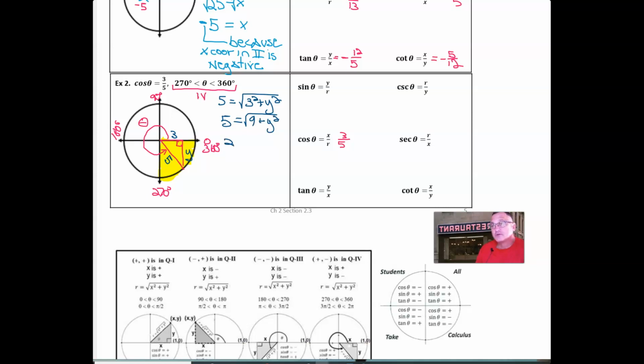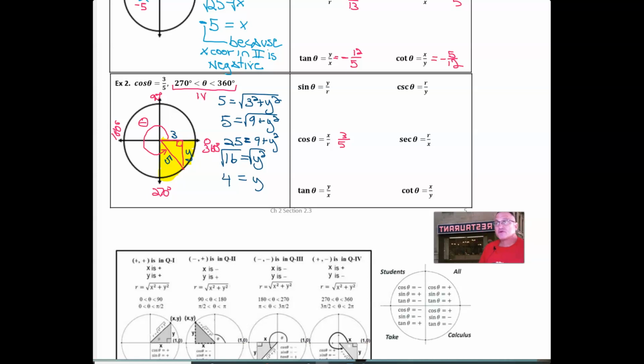Now I square both sides and I get 25 equals 9 plus y squared. Subtract 9, I get 16. Take the square root and I get 4.